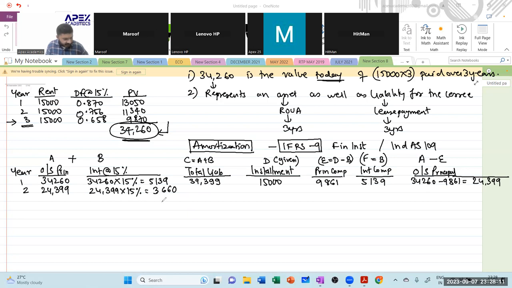It is 3,660 plus 24,399. What is the answer? 28,059. I am paying an installment of how much? 15,000. In this 15,000, how much is the interest component? 3,660. So out of 15,000, subtract 3,660. What is your answer? Your answer is 11,340.